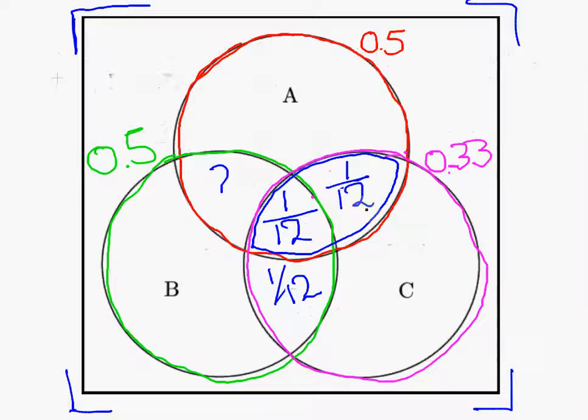So everything in here, A intersection B, so this half plus 1/12, means that this intersection area, we already counted for 1/12 of it, of the 3/12. So necessarily this is equal to 2/12. Now, B is 0.5, that's equal to 6/12. I'll just keep it all in twelfths to make it easy. C is 4/12.